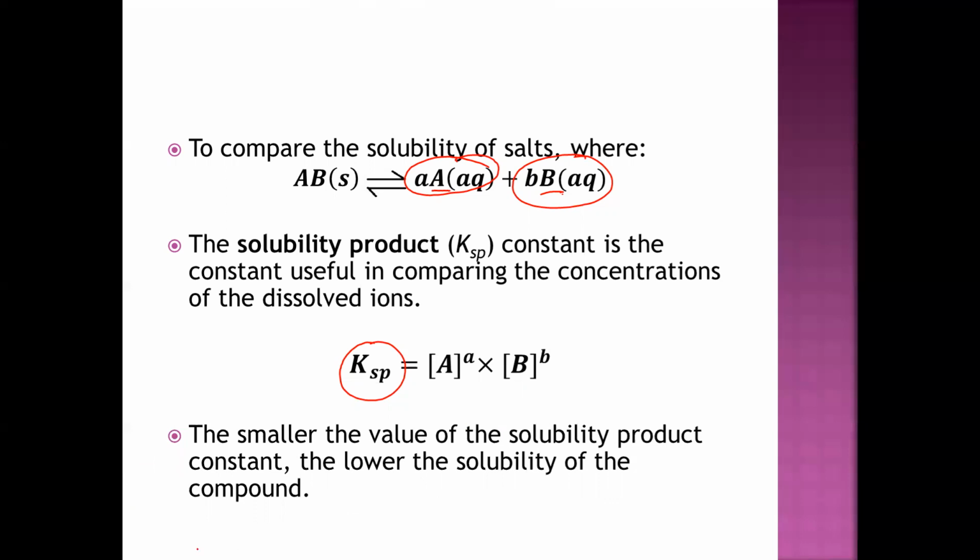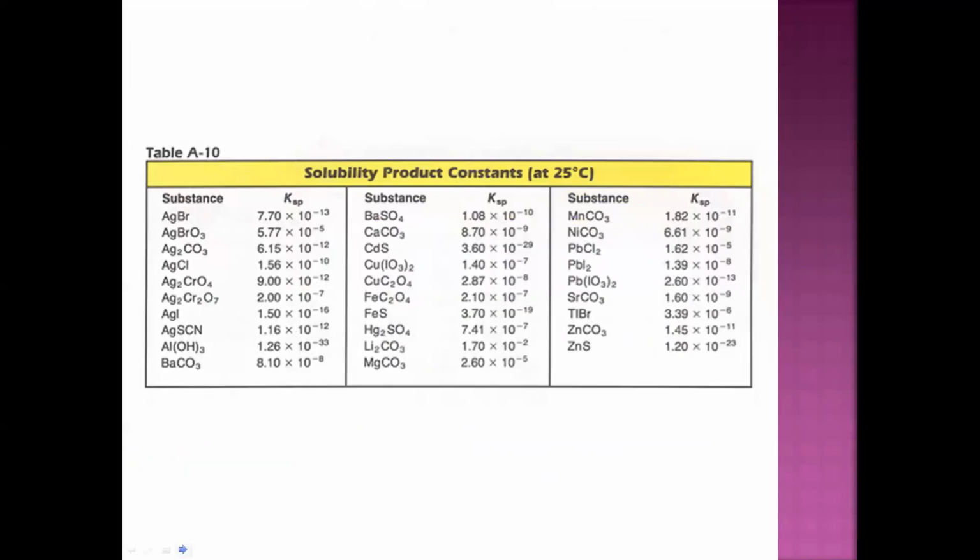Okay. So this table is given. Now, for every problem, I'm going to tell you what the KSP is because there's tons and tons of numbers here, right? So whatever compound we're talking about, I'll just give you what it is. But looking at the numbers, if we look at the aluminum hydroxide, that KSP value is 1.26 times 10 to the negative 33rd.